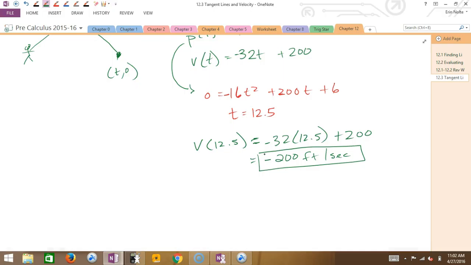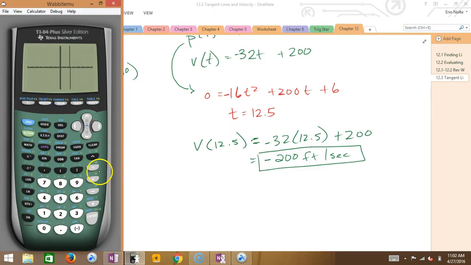Right, that would imply that it was going upward. So anything to the left of whatever that maximum was, that's not a very good zoom in, but anything to the left of the max is going up, anything to the right of it would have a negative velocity.